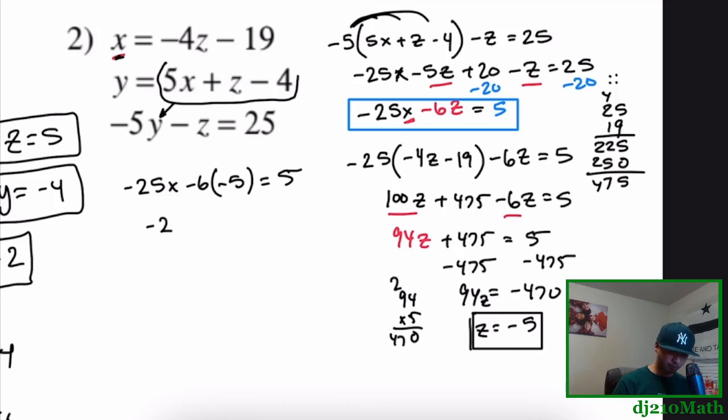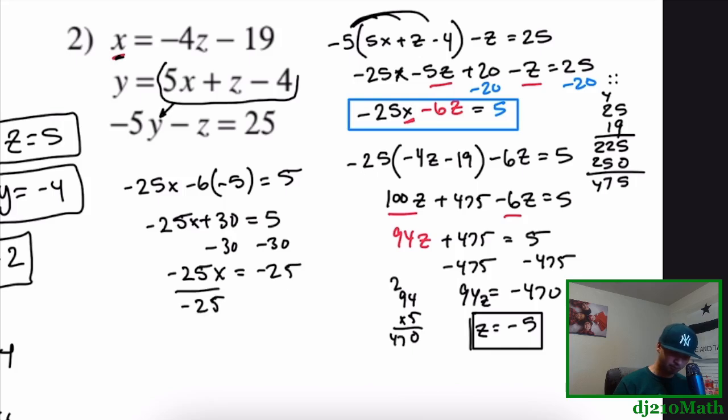This is negative 25x plus 30 equals 5. Minus 30. So negative 25x equals negative 25. That's nice. x is equal to 1.